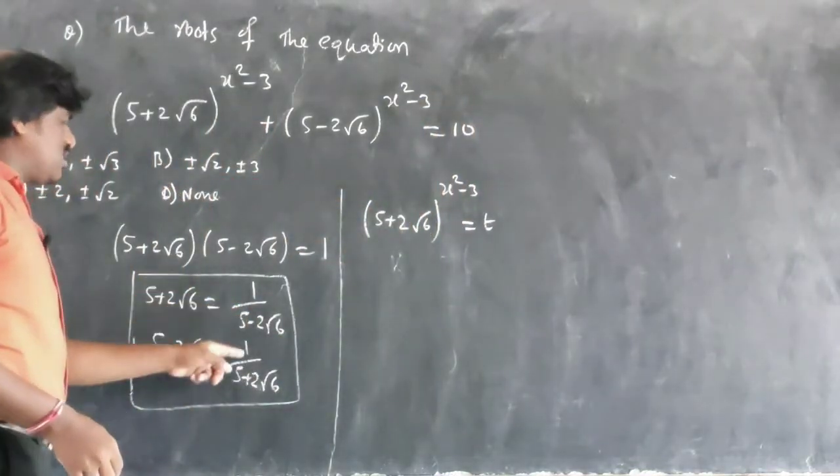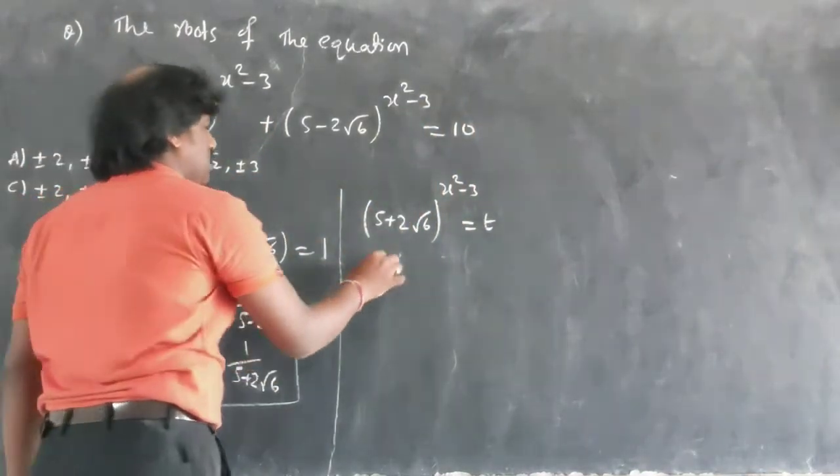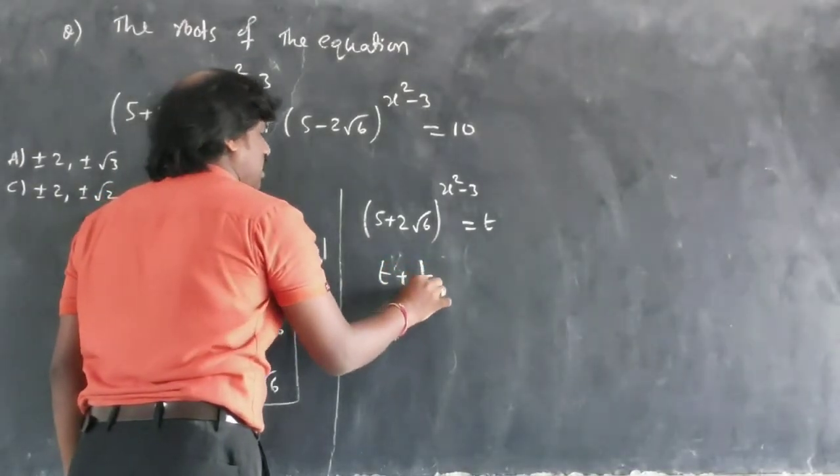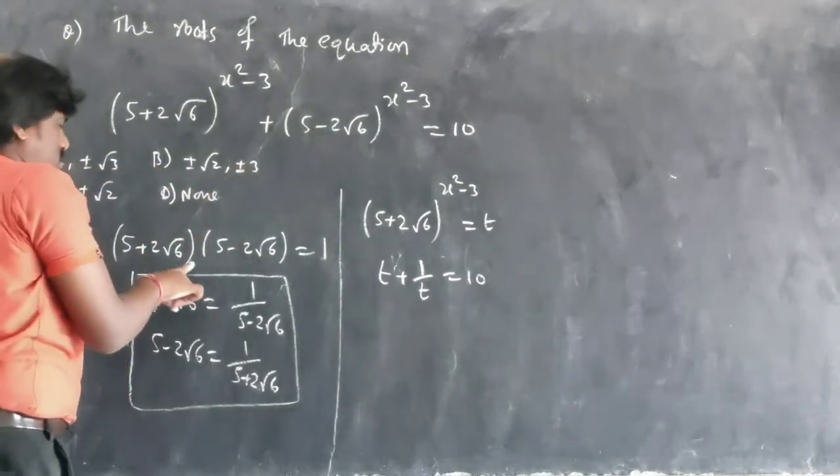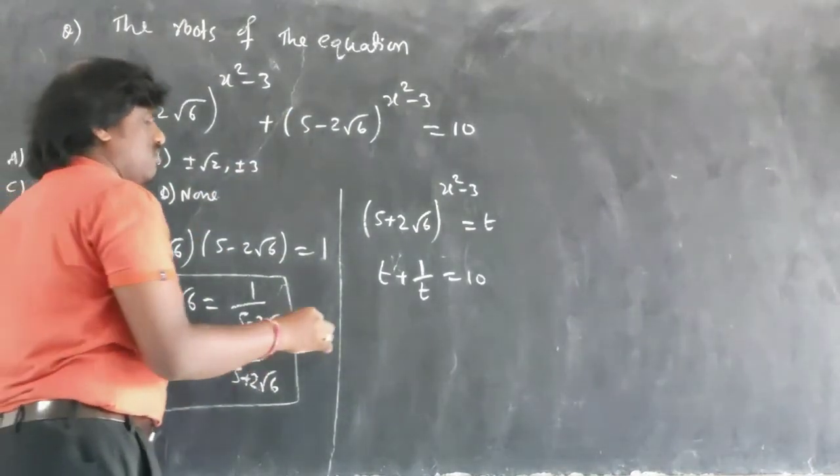According to this, the other one is the reciprocal of this one, so I can write t plus 1 by t is equal to 10. If this is t, then this will be 1 by t because you know this rule.